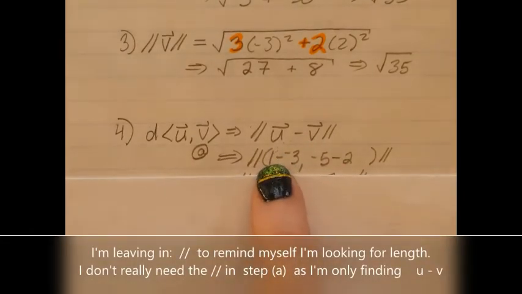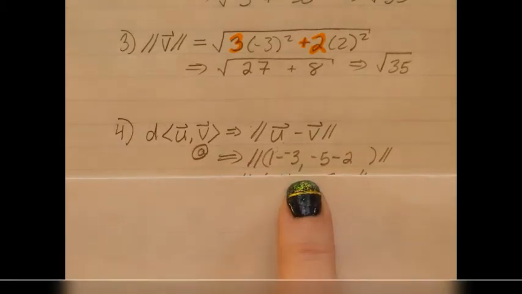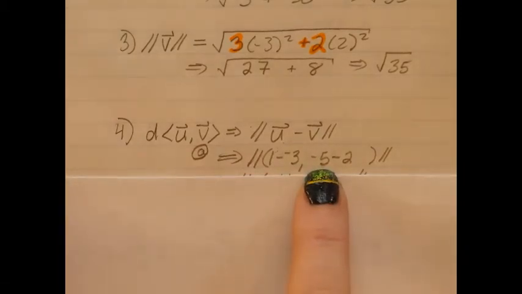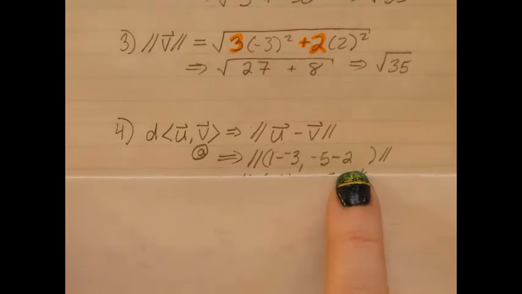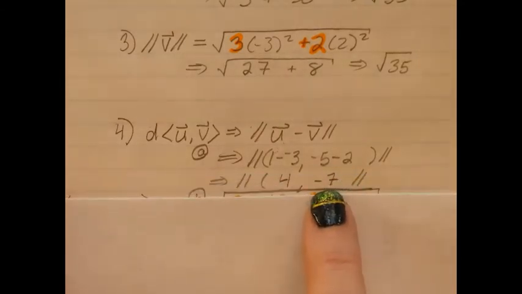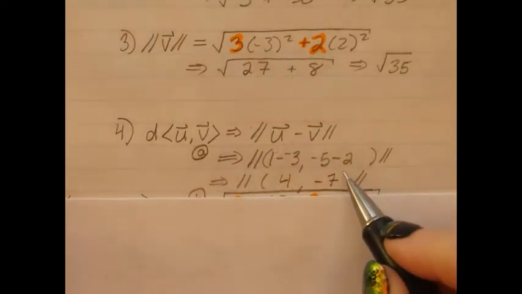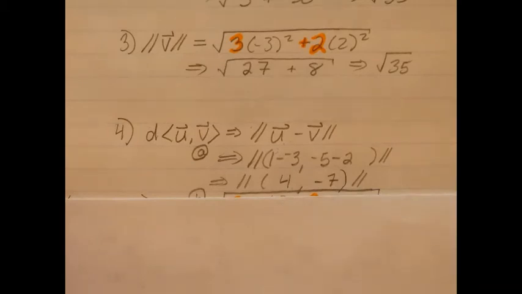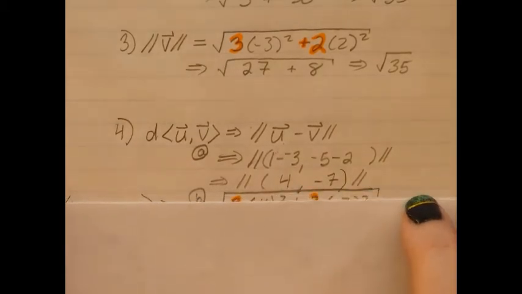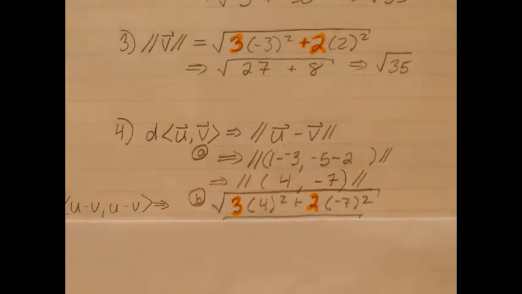So we have u1, which was 1, and again this is distance, so this is minus, and v1 was a negative 3. u2 is a negative 5, minus v2, which was 2. Going to work it out. And this is what you get when you simplify it. Now, I'm using parentheses just because that was fit in, but it doesn't really matter because this is what's going to go inside the radical.